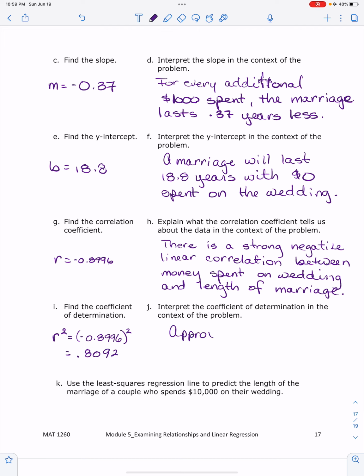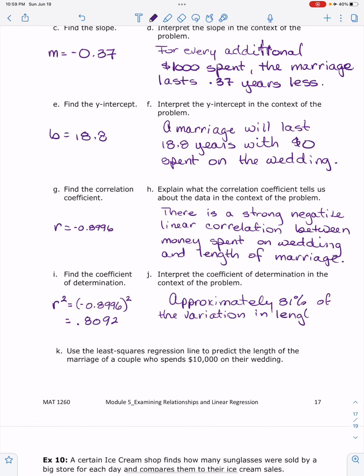So we can say approximately, and I'm going to round that 80.92 up to 81%, of the variation, and remember our response variable comes first here, so it's the variation in length of marriage, is explained by the variation in cost spent, or in money spent on the wedding.